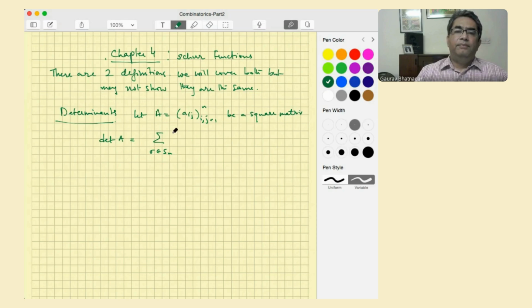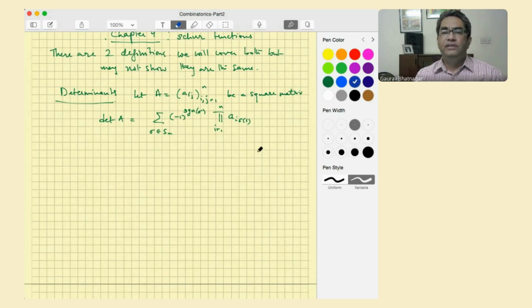So it's a sum over permutations, and so okay. Have you seen this definition?